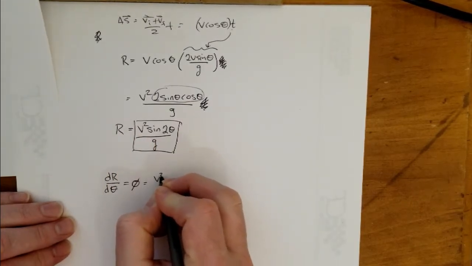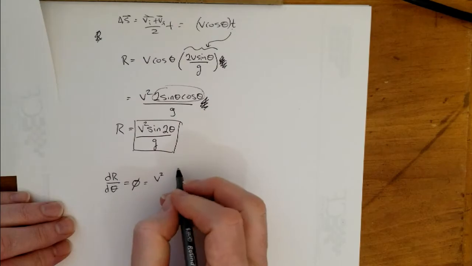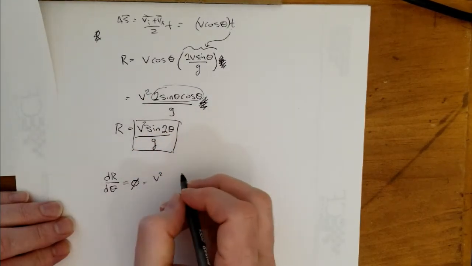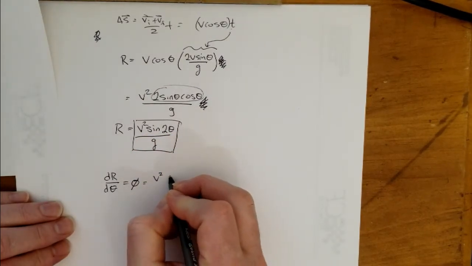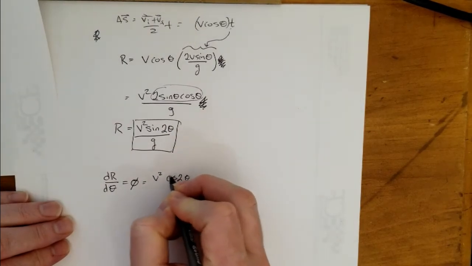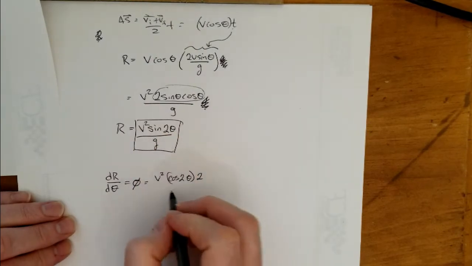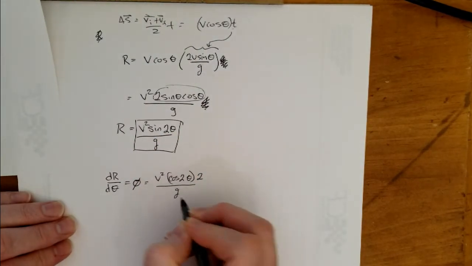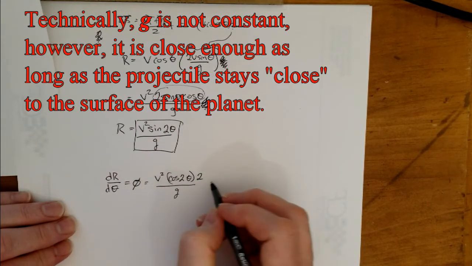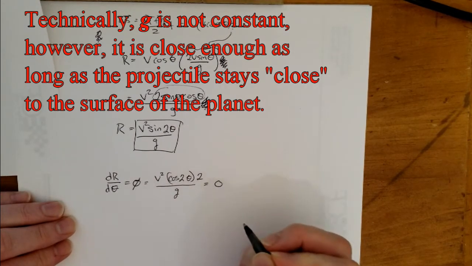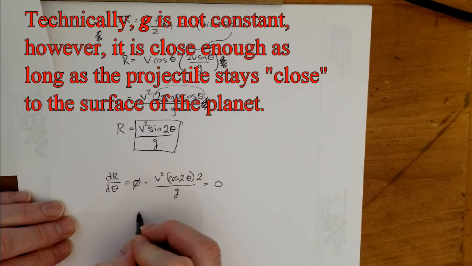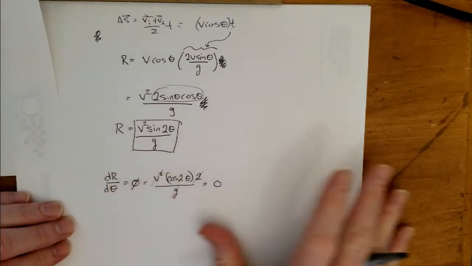And so that becomes v squared, and then the derivative of sine is cosine, so this is the cosine of 2 theta, using the chain rule, times the derivative of 2 theta, divided by g, which is just some constant. And set that equal to 0. Those are all constants there, and those are all going to just disappear.